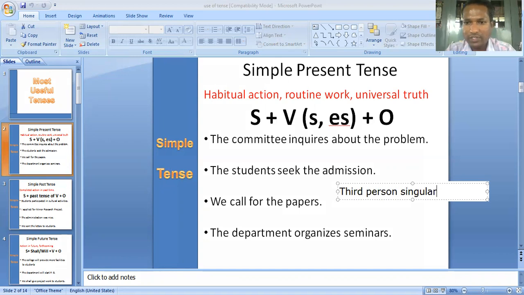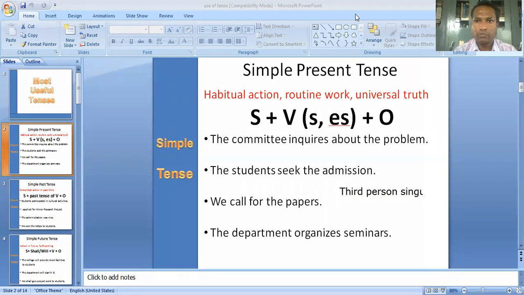What is this third person singular? Third, tritiya. Person, purushi. Singular, ekvachani. If our subject is third person singular, then the verb that follows takes the S/ES suffix. You got the point?